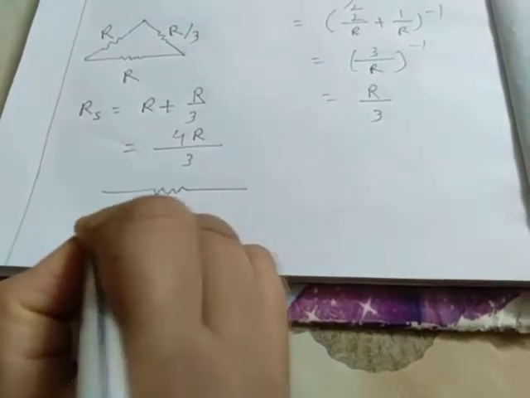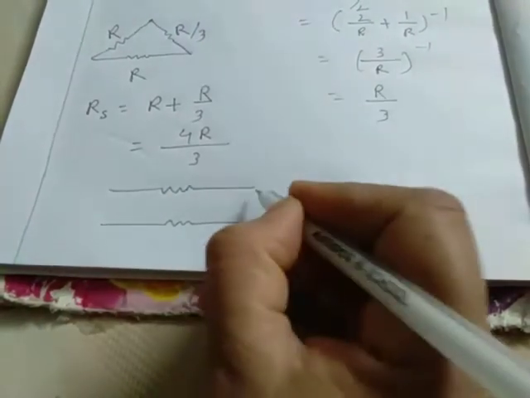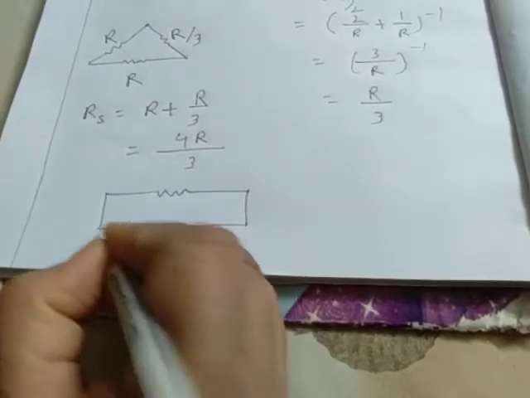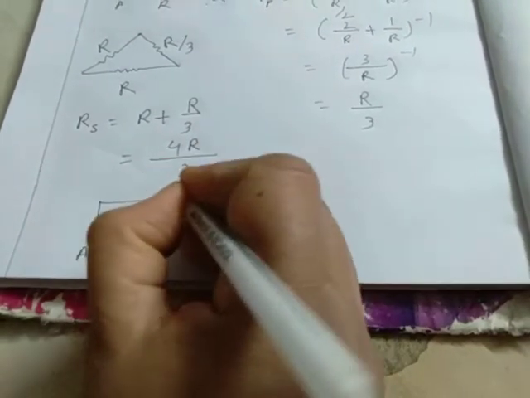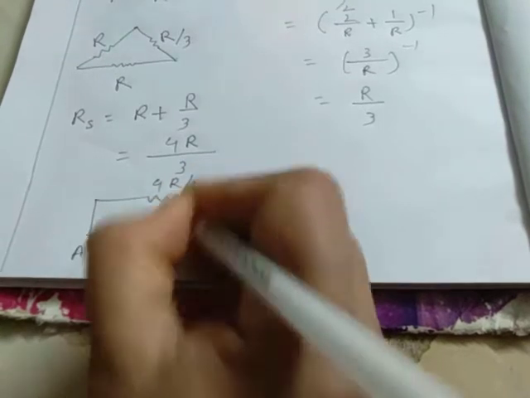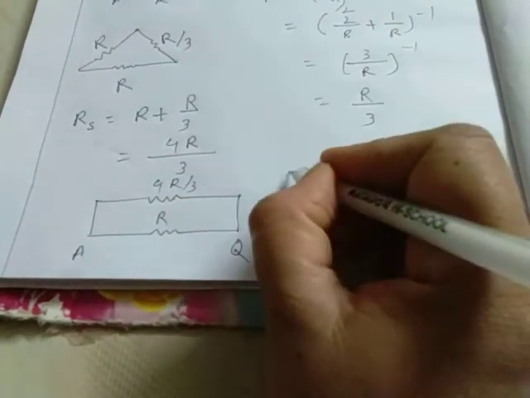That means you will break the circuit into many parts, then it will be much easier for you to calculate the equivalent resistance. This is 4R by 3 and this is R. Now again these two are in parallel connection.